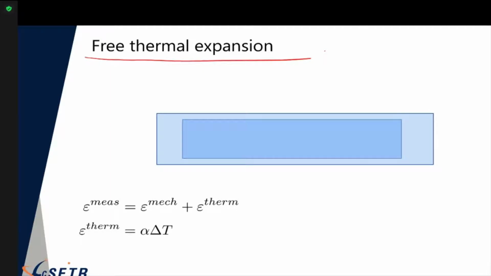In this case, the thermal strain is going to be alpha delta T. Now, because it's allowed to freely expand, the measured strain is equal to that thermal strain. They're equal. And then if you look at this decomposition here, that means that the mechanical strain has to equal 0, right? It's allowed to freely expand.